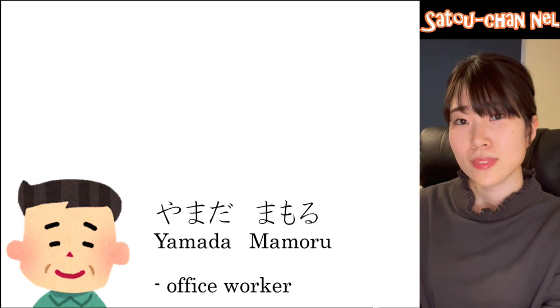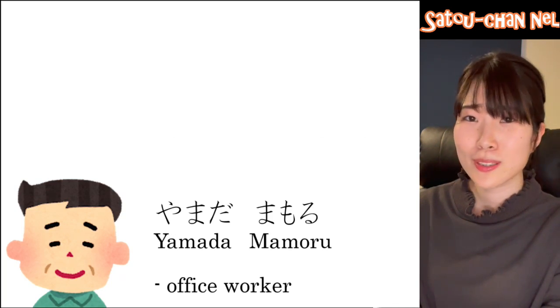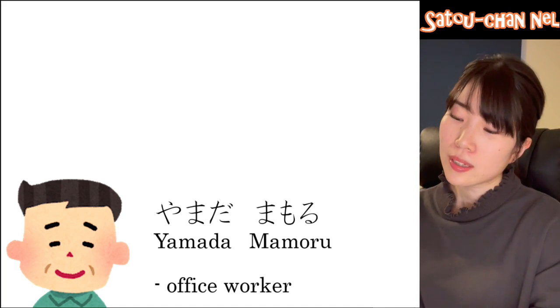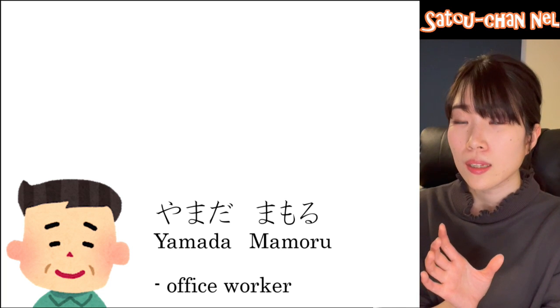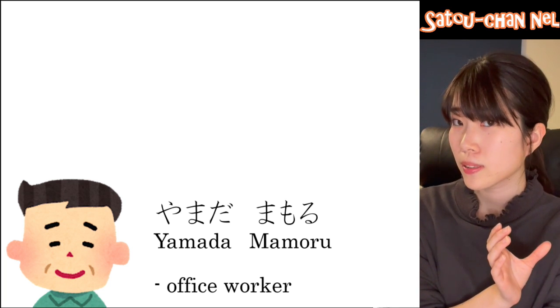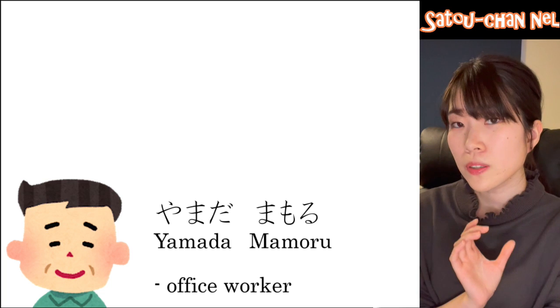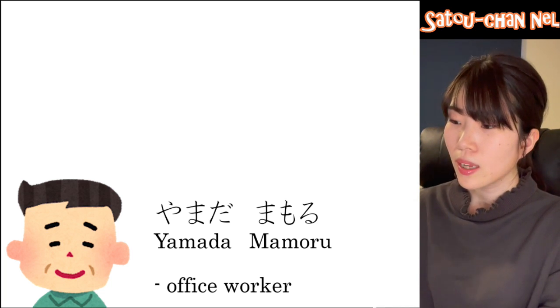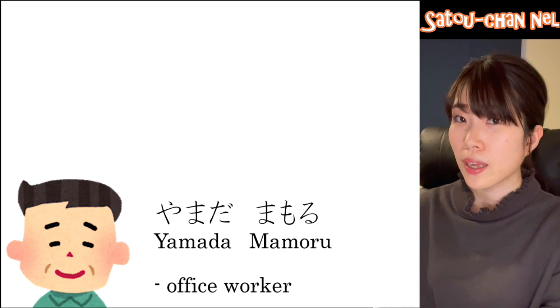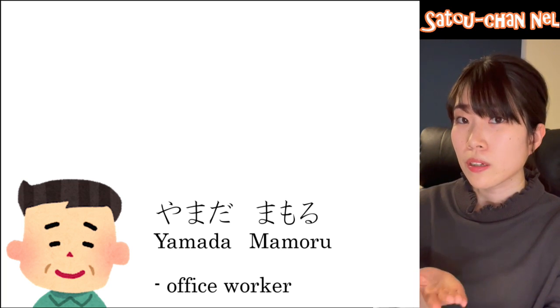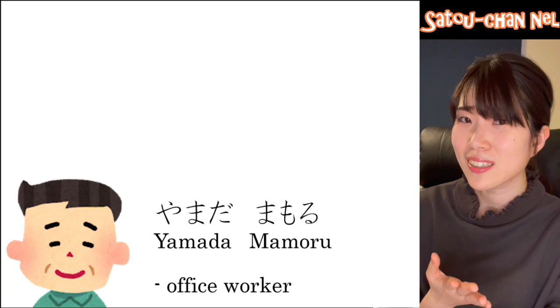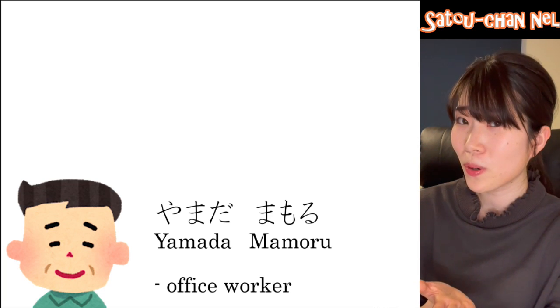Next one. Look at his face. He looks so nice. So his name is Yamada Mamoru. Yamada is the last name and Mamoru is the first name. And he is an office worker. Let's say he's your neighbor and you know his name and his face, but actually you've never talked to him before.